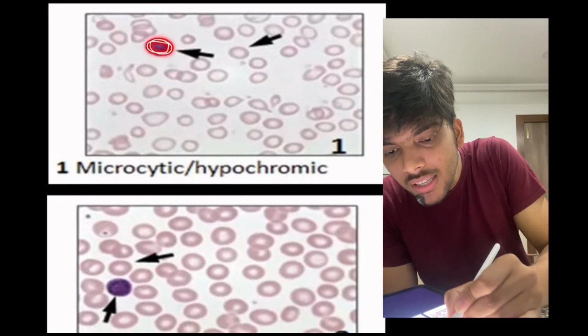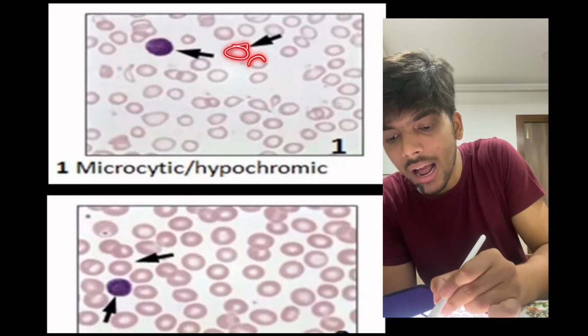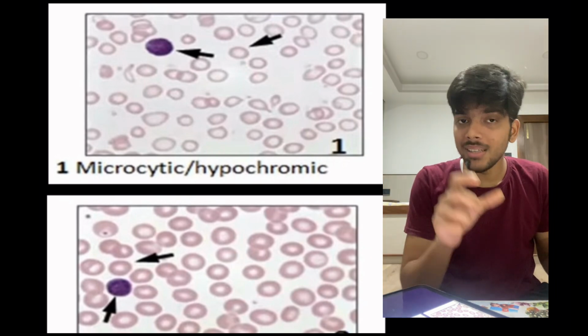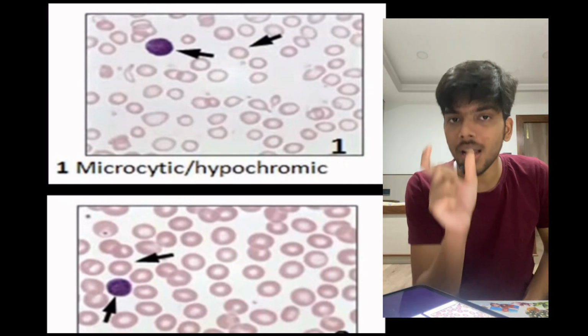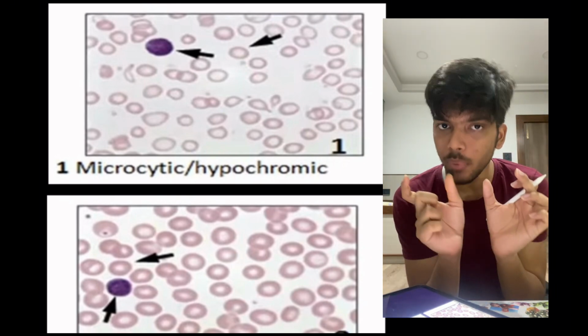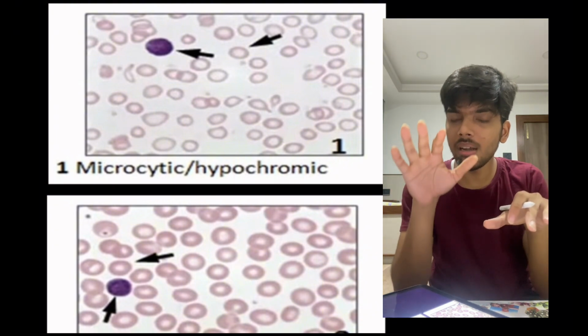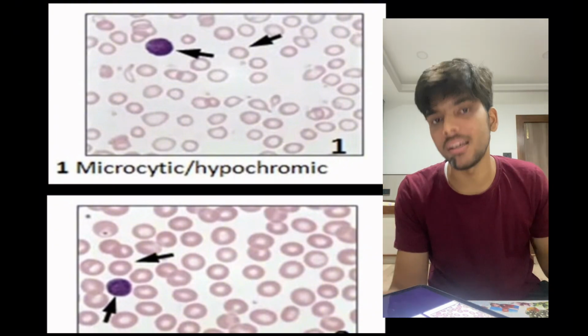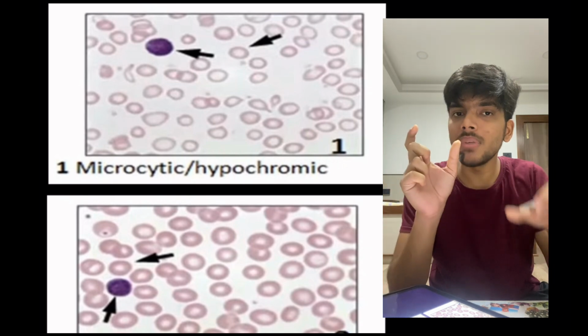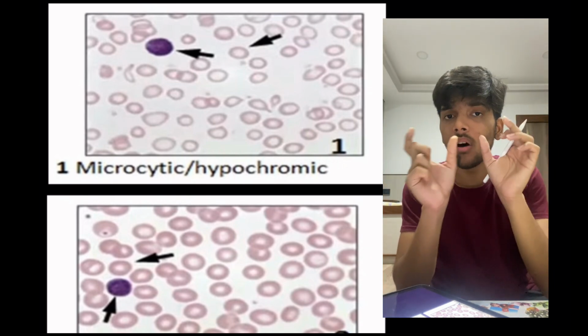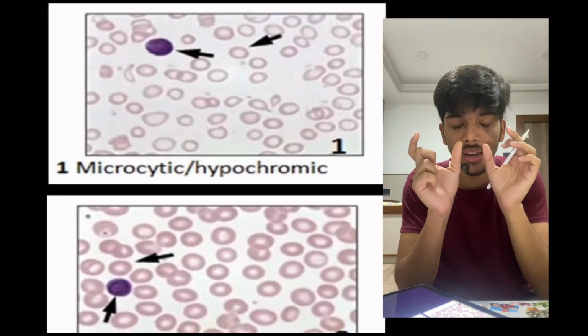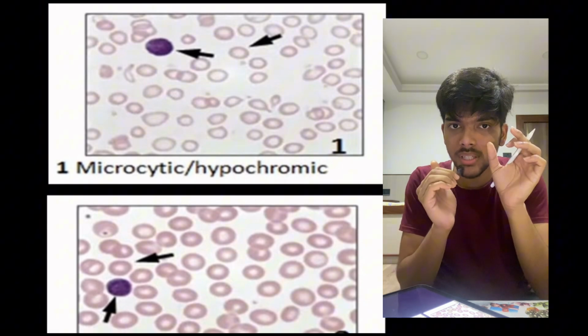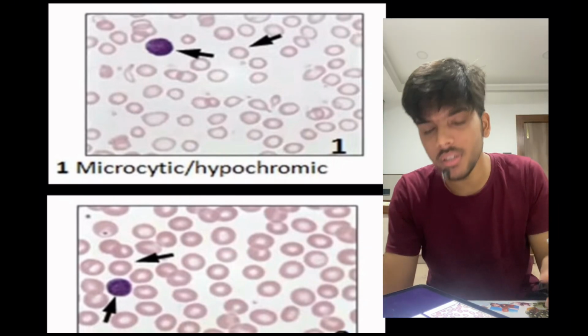This in purple is the small lymphocyte and these are your RBCs. Lymphocytes and RBCs have comparable size. So if the size of the RBC is comparable to that of the lymphocyte, it is normocytic, less is microcytic, more is macrocytic.